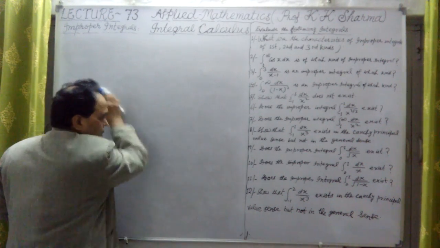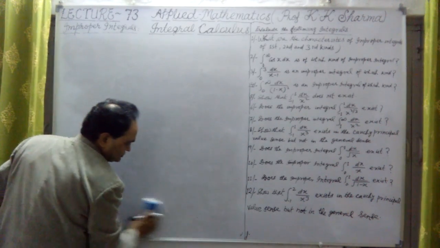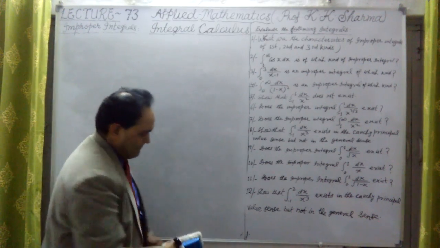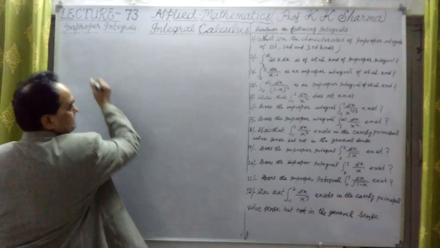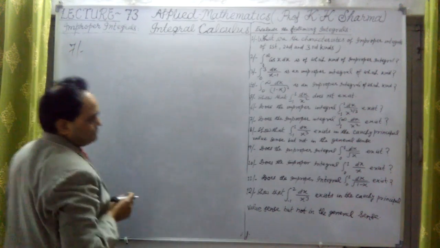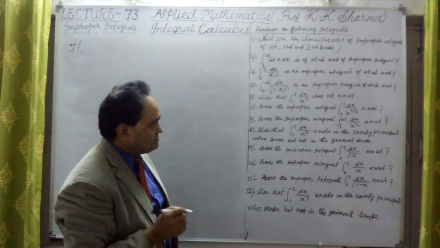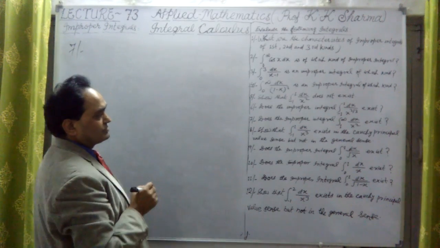Now let me talk about the next question. Question number 7. So does the improper integral from 1 to infinity of dx upon x square exist?